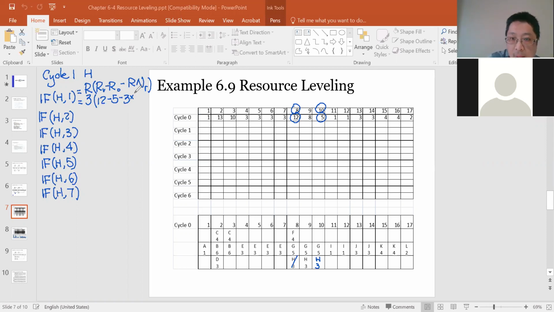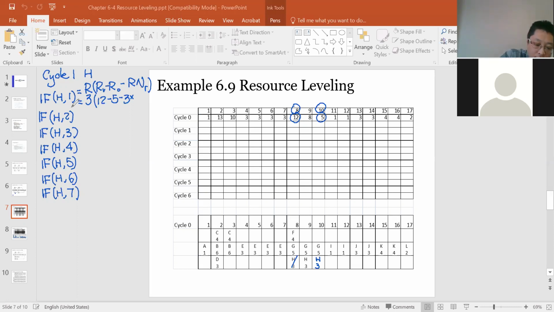NR, as I mentioned, we need to compare two values. The first value is the duration of H. What is the duration of H? 2 days. Very good. And the other number is how many days you shifted.